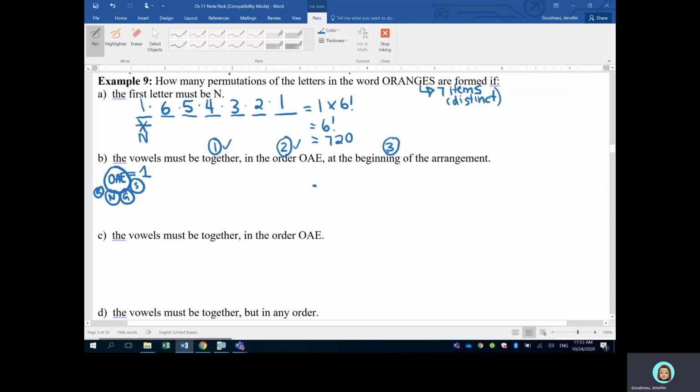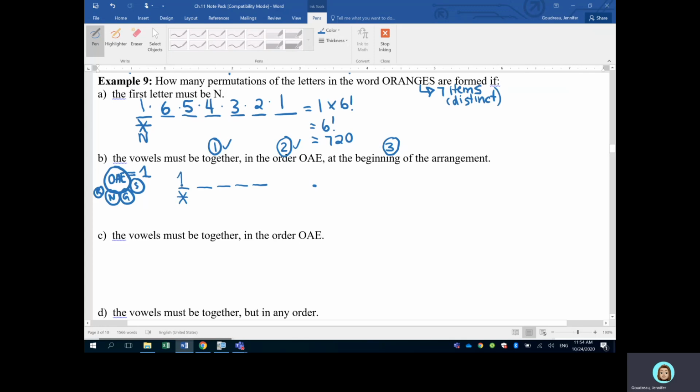For the third restriction, the beginning of the arrangement, I'm going to draw 5 blanks. And again, I'm only drawing 5 blanks because we've gone from 7 items to 5 items because we've glued 3 of them together. In this arrangement of items, I have a restriction in the first blank because our third restriction is that the vowels must be at the beginning.